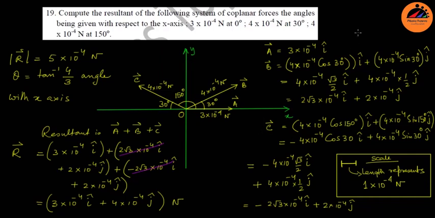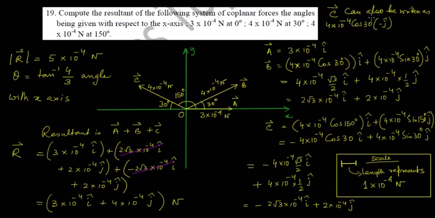So this c can also be written as 4 into 10 to the power of minus 4 cos 30 times minus j cap, plus 4 into 10 to the power of minus 4 sin 30, sorry, I cap, minus I cap sin 30 j cap.